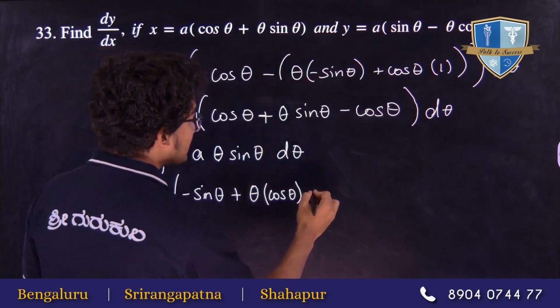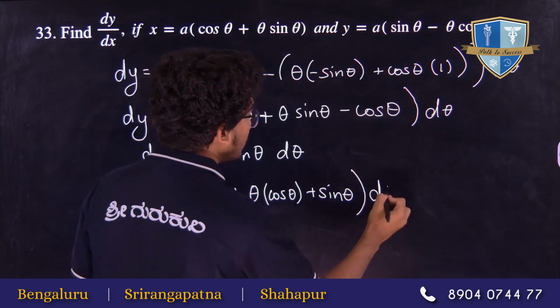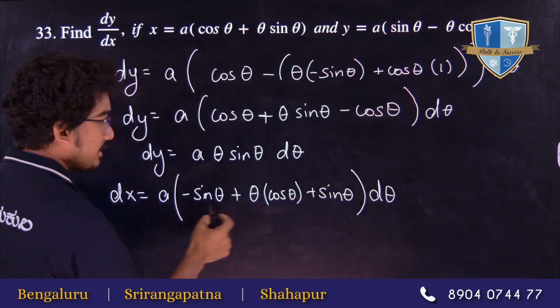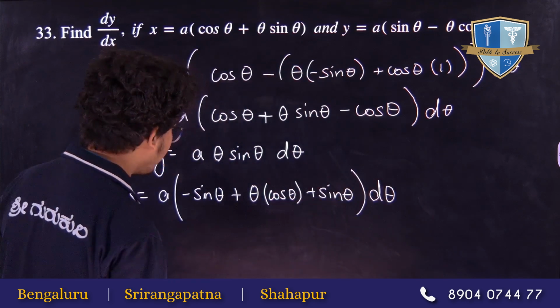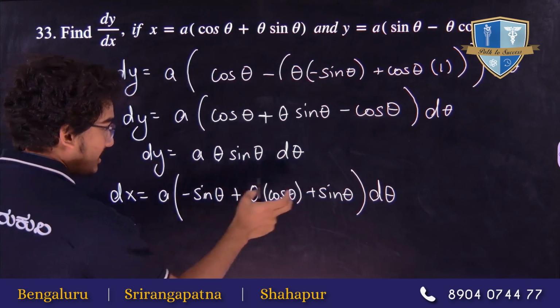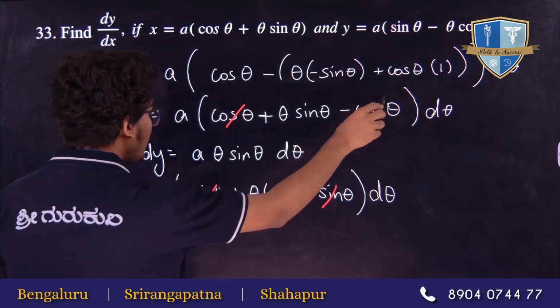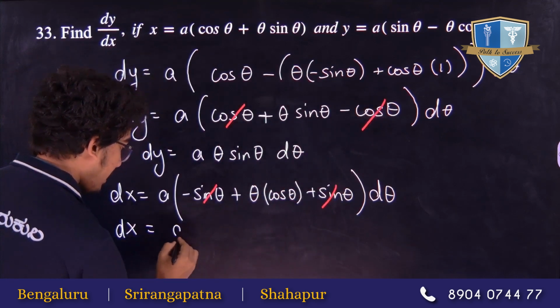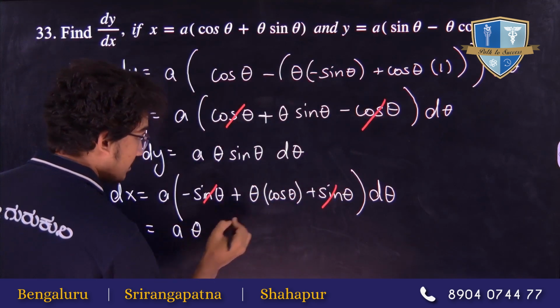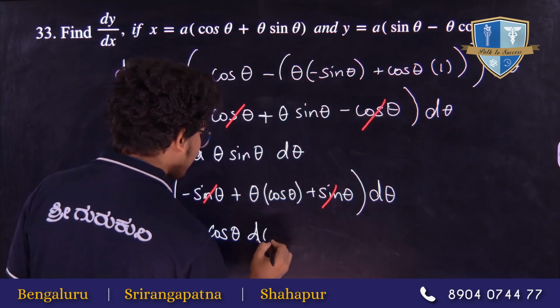Then sin theta as it is, differentiation of theta will be 1, multiplied by d theta at the last. Now here as well, plus sin theta minus sin theta both will cancel out, correct? So this will become a into theta into cos theta into d theta, correct?